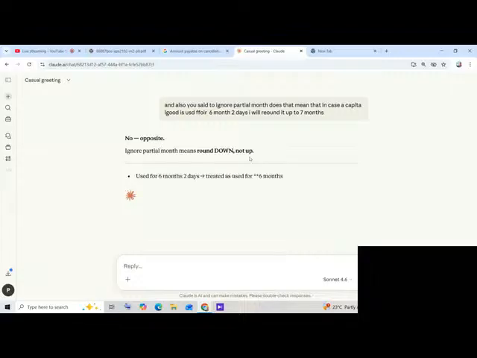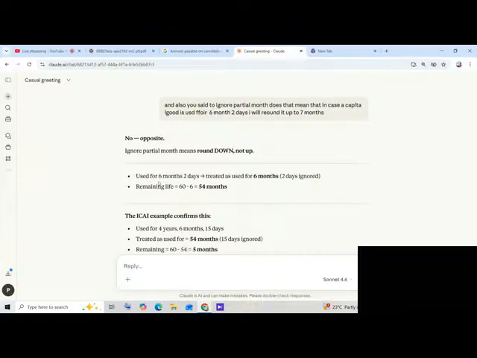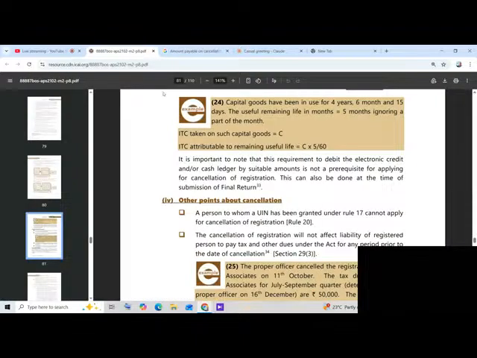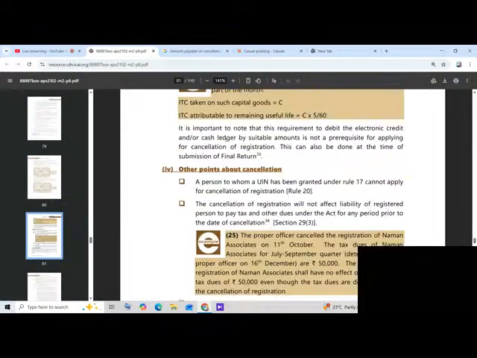No, opposite. Ignore partial means round down, not up. So use for 6 months is treated as 6 months. Remaining life is 4 months. The ICA example prefers this. Okay, so 4 years, 6 months is okay. I had a confusion. Okay, fine. Other points about cancellation.